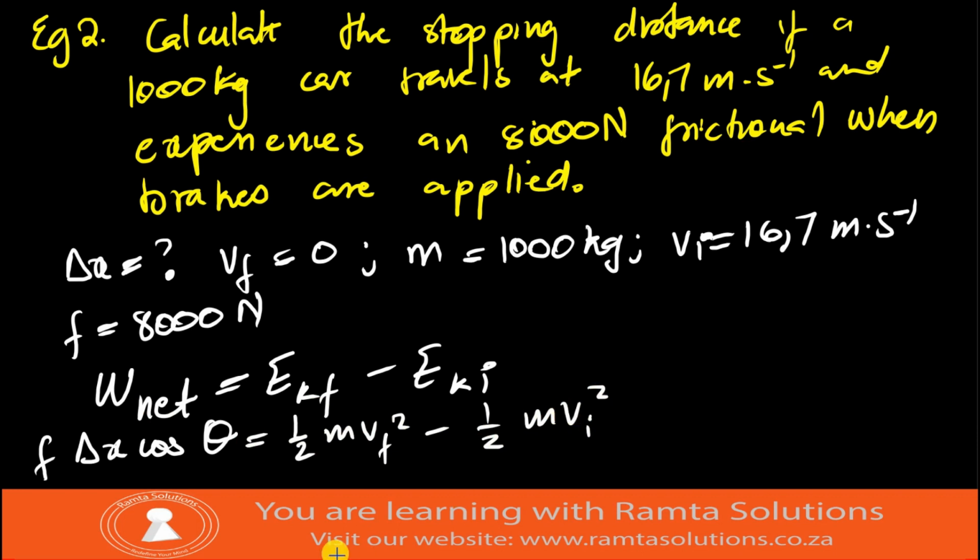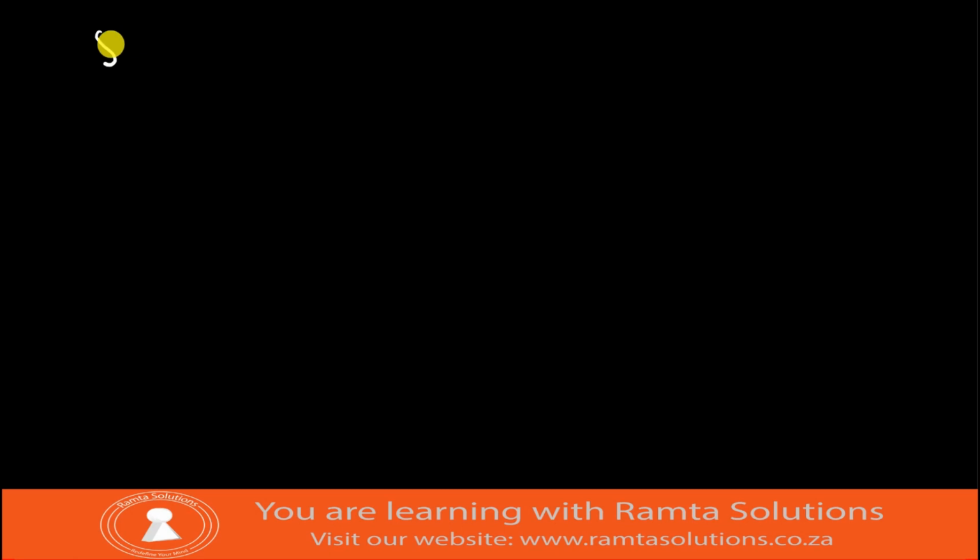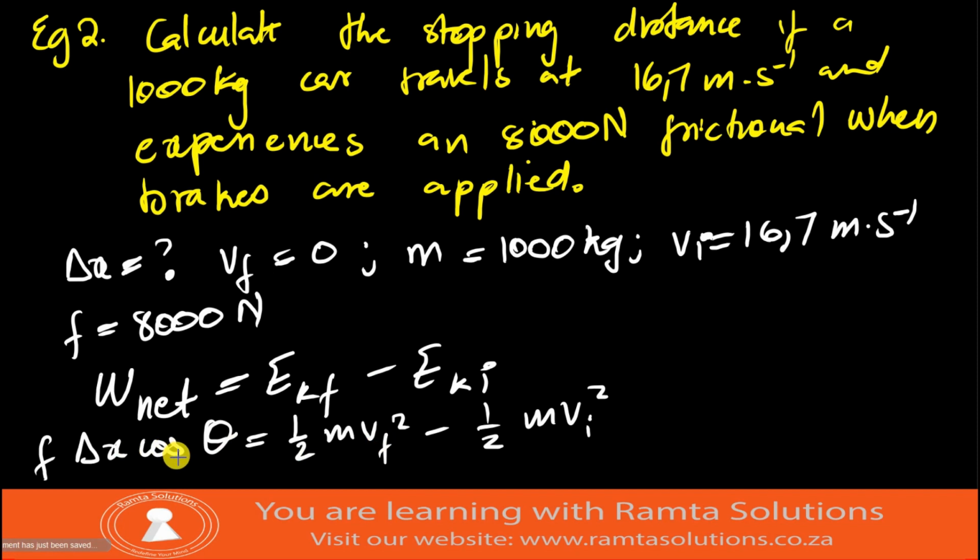Perfect. Now, what we are going to do now is to substitute all the values we have here. Our frictional force was 8,000. So this is 8,000, guys, times delta x. So we do not know it as yet. And our angle, remember, I've always been saying to you, friction opposes motion.